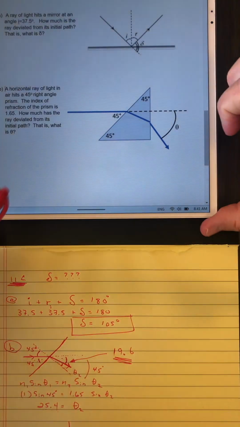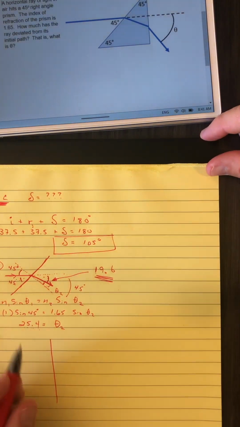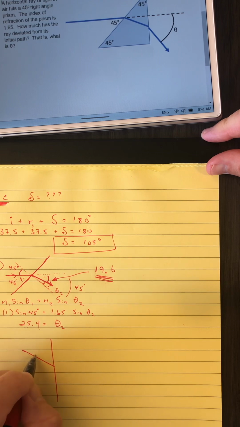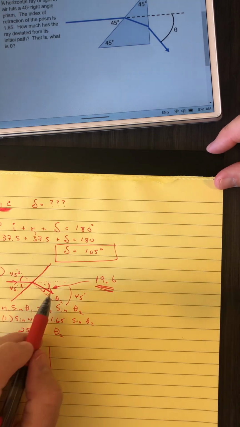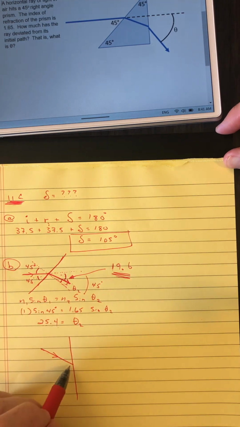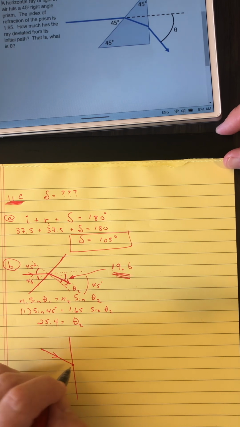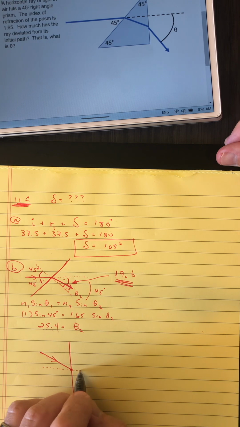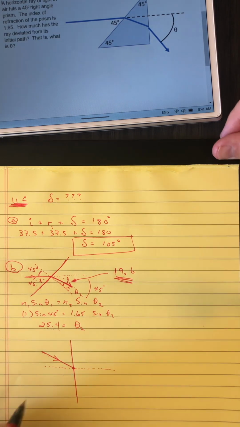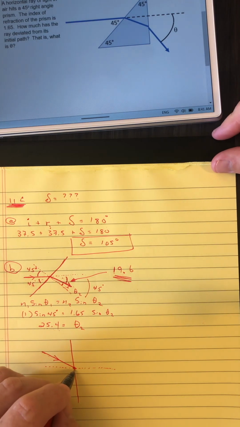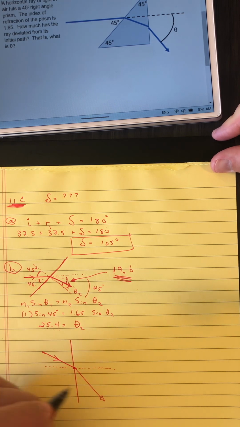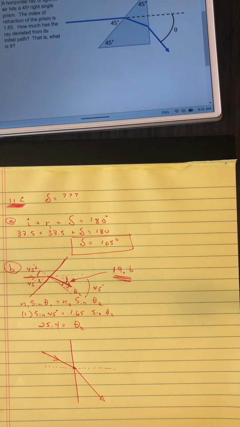And so the light is approaching. And so here is this light beam continuing to hit the back one right here. And if I draw a normal, the normal will be horizontal. And since it's exiting, it's going to bend away from the normal.